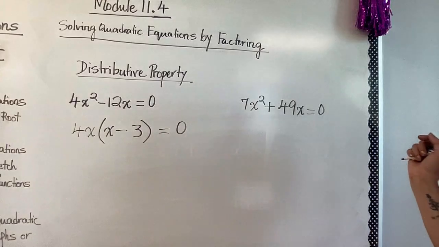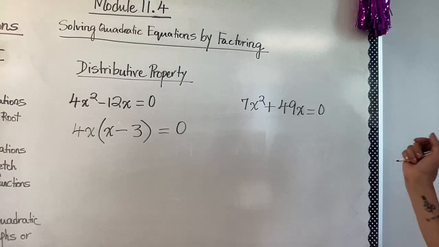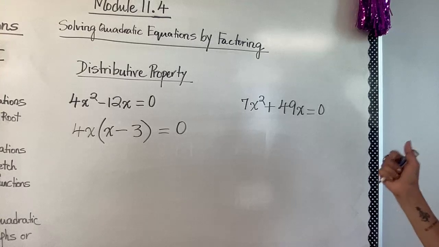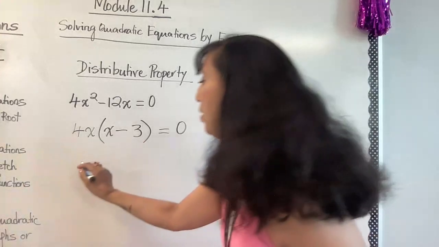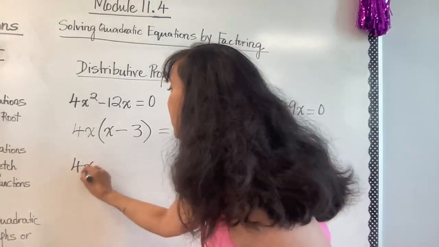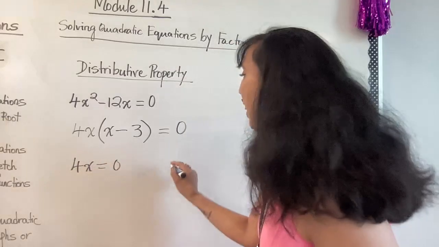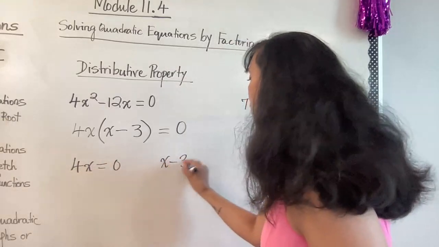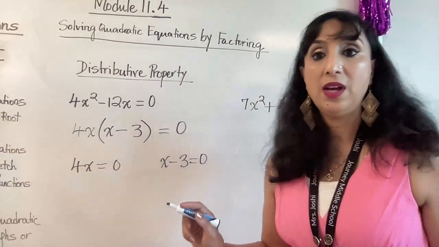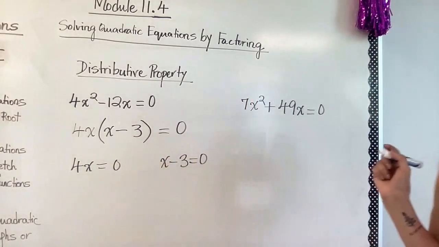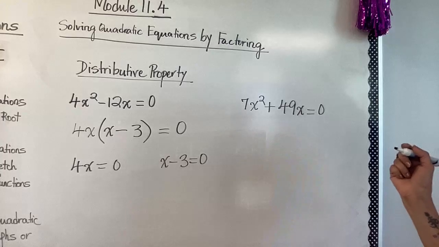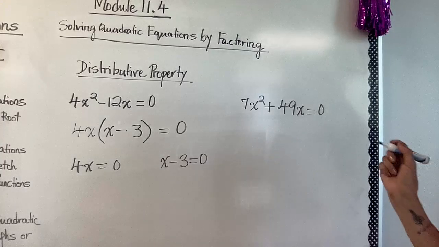Okay, then I'm going to use the zero product property, and that's what we were just talking about. And so we are going to say this factor is equal to 0 and this factor is also equal to 0, and that was the zero product property. Okay, and then we are going to solve for x.